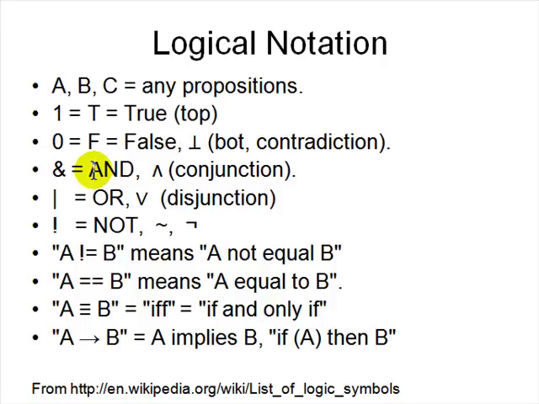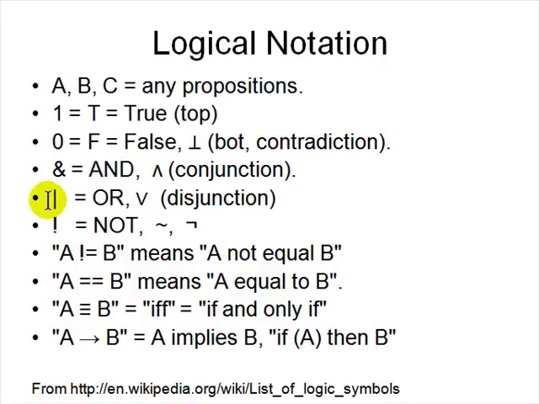And the and is a conjunction, and it is the ampersand sign, and also the upside down V is used, because in olden days you didn't have too many characters, and you invented new characters just by moving the typeface around, just rotating it upside down.